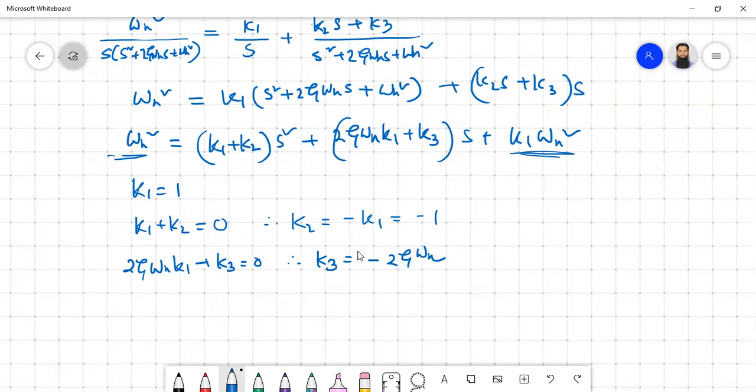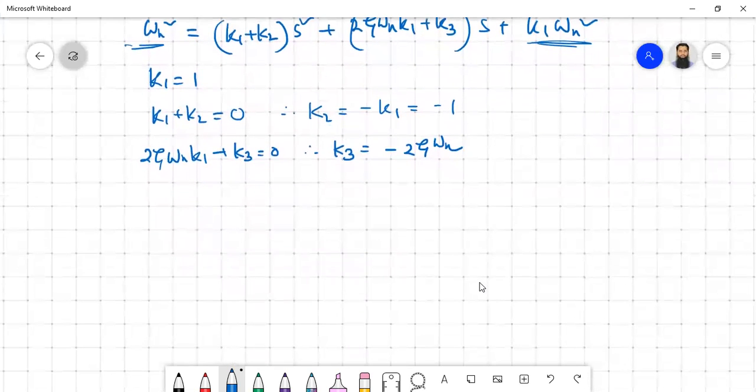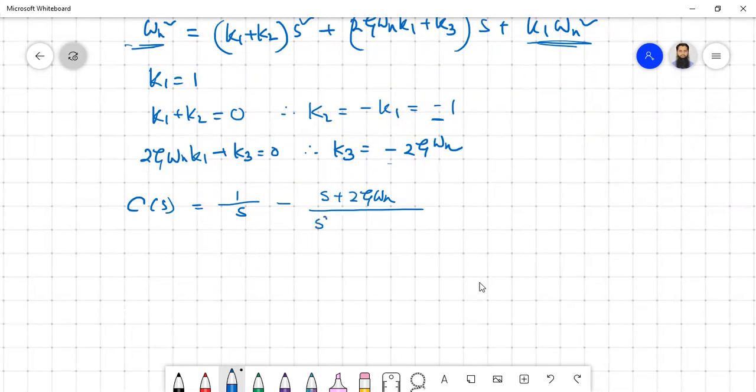Now we know all the coefficients k1, k2, k3, so we can write the output for the partial fraction expansion as C of s equal to 1 by s, k1 is 1, minus, taking the minus common because both of them are minus, s plus twice zeta omega n divided by s squared plus twice zeta omega n s plus omega n squared.